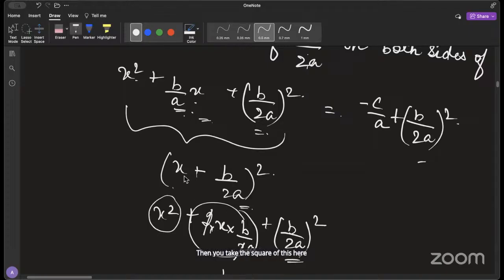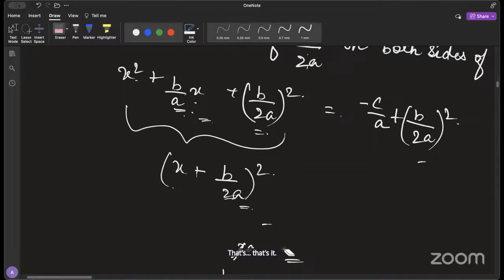And here you have the 2 times 2ab, x and then b by 2a. Because this 2 and this 2 get cancelled, you are left with the same thing that you have here, b by a. Okay. That's it. Okay. I see. That's why we're adding b by 2a square on both sides, so that this becomes a perfect square.